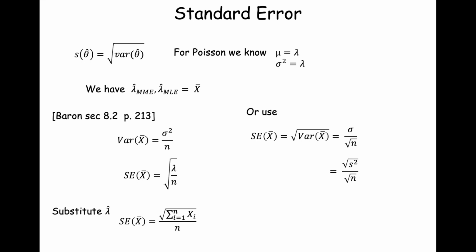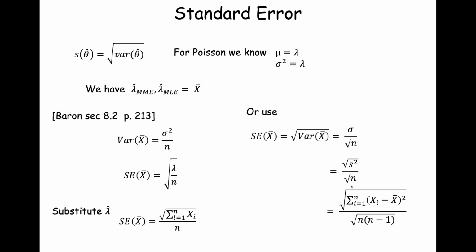So if we have the square root of s squared over radical n, we can substitute for s squared by its definition. S squared is 1 over n minus 1 times the sum of each of the x's minus its center. So we make that expansion, and we have 1 over n minus 1, for the unbiased version, underneath that radical. We combine that with the radical n in the denominator.